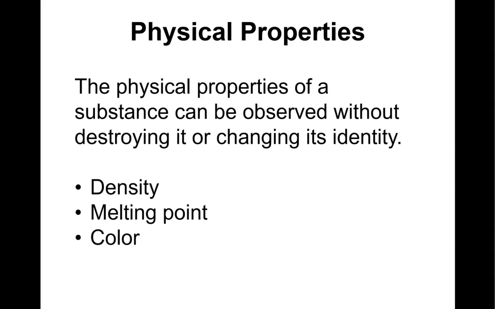The color of something is something that I can observe without changing its identity. I need to get refractive index out of here. Refractive index is basically the speed that light travels through something. And mass. So the mass of an object I can measure without changing its identity.